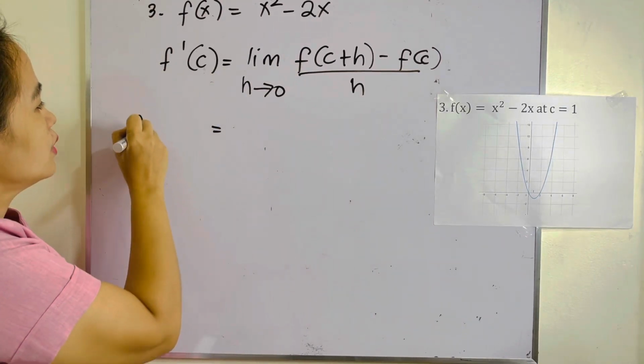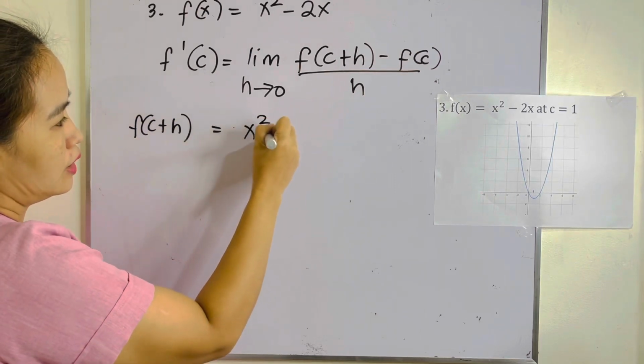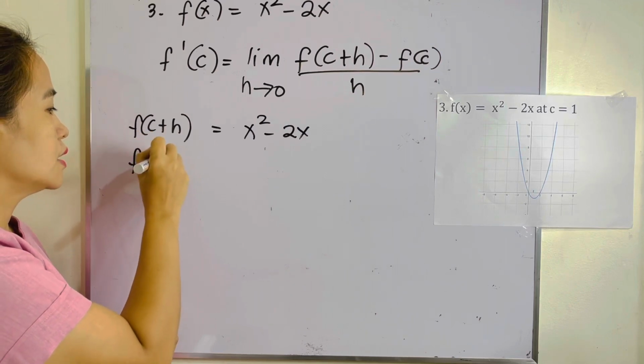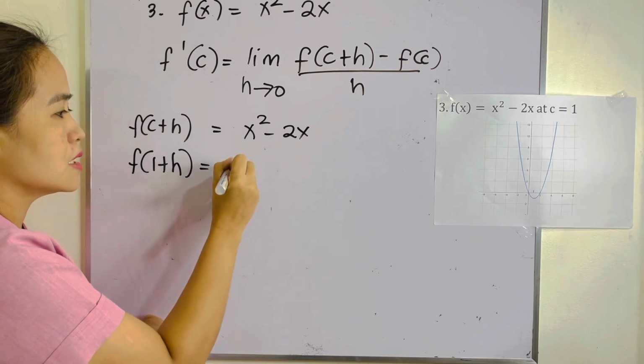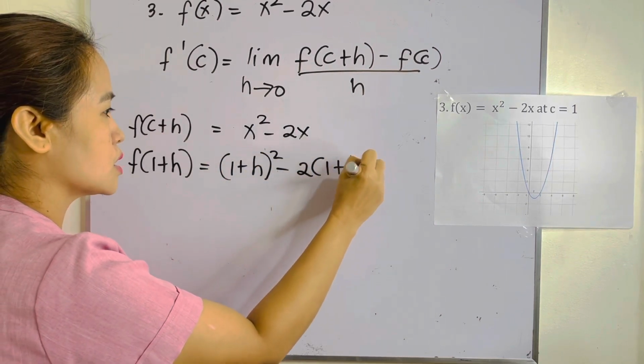So let us evaluate first f of c plus h. Equate it to the value of the function, and our c here is, of course, 1. So f of 1 plus h is equal to, replacing all the x's by this, 1 plus h squared minus 2 times 1 plus h.